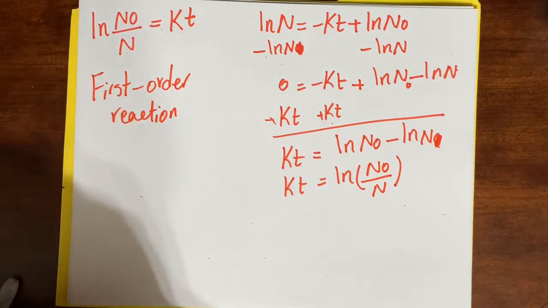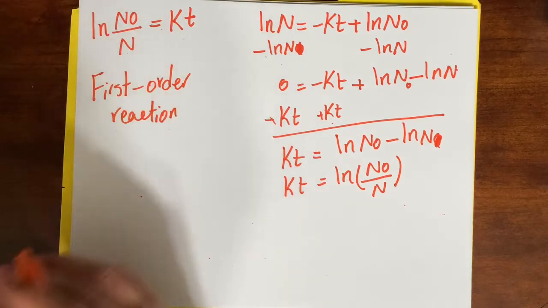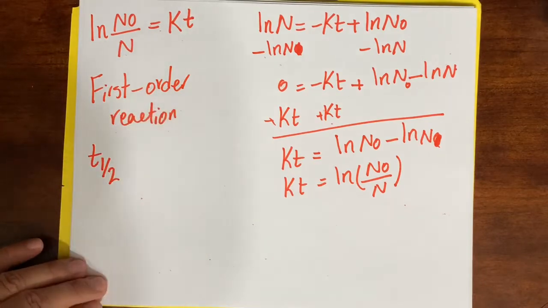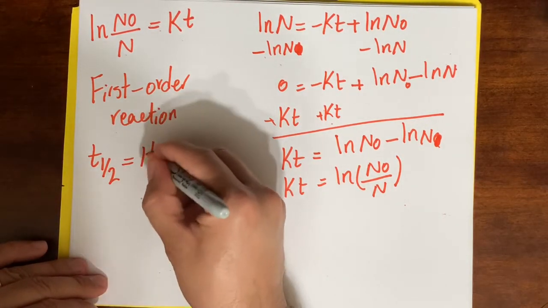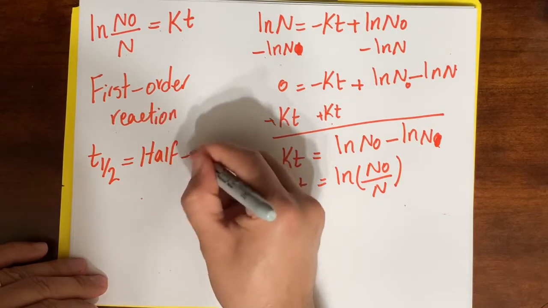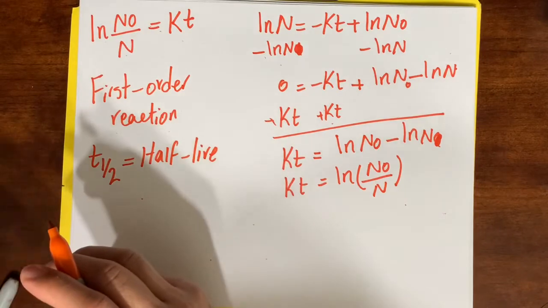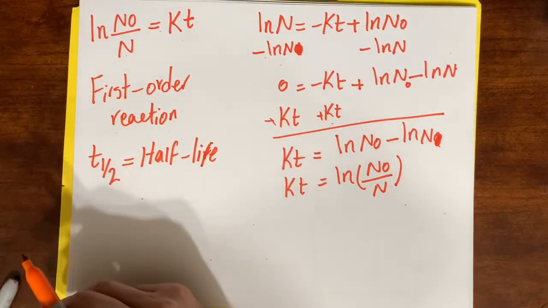Now, if you have the first order formula, you can easily calculate the half-life for it. And the half-life formula, we show it by T1/2. Okay.